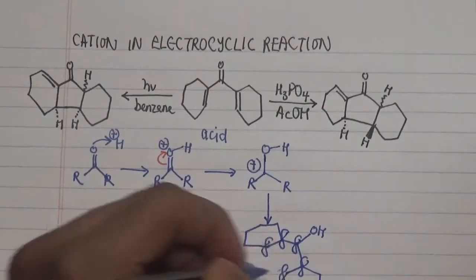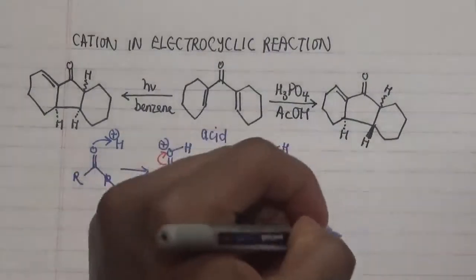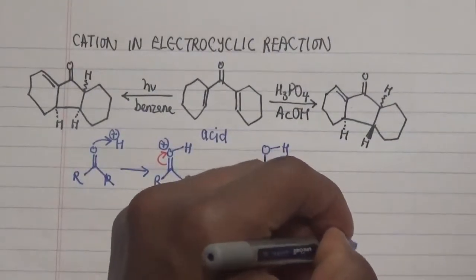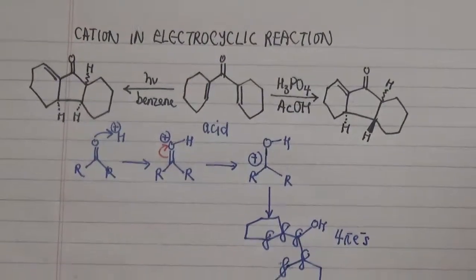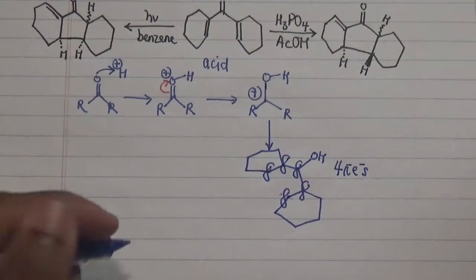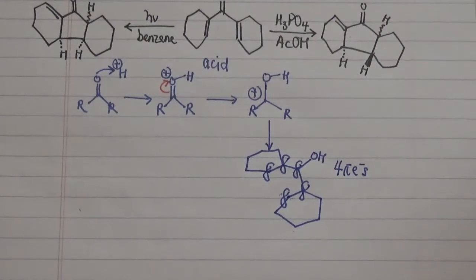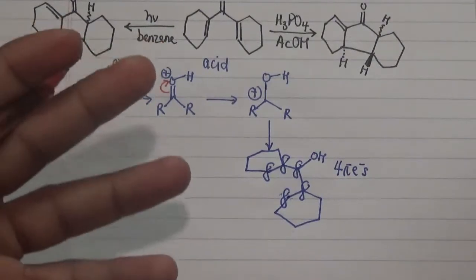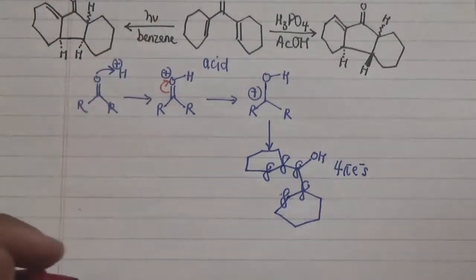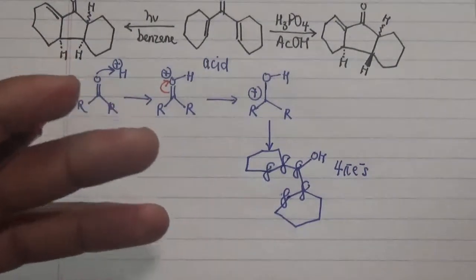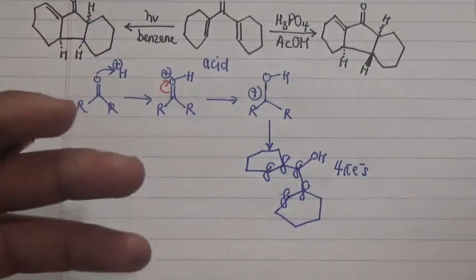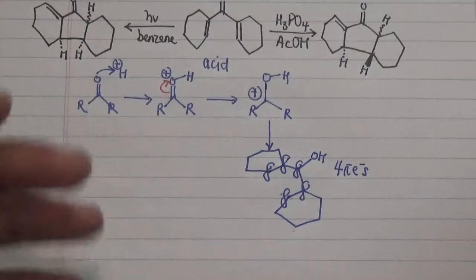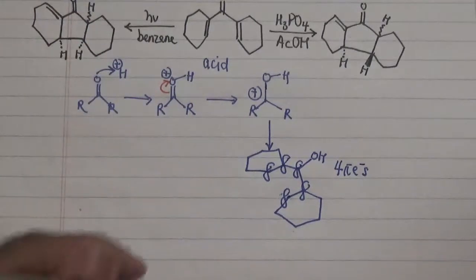So let's move ahead by looking at how these 4 electrons are distributed in our MO sequences over here. The MOs present are 5, because we have 5 p orbitals, and those 5 p orbitals have different combinations that determine the positions of our electrons in either a photochemical or thermal process.